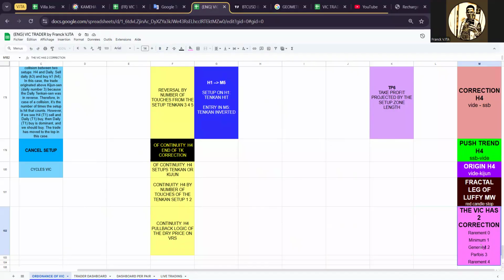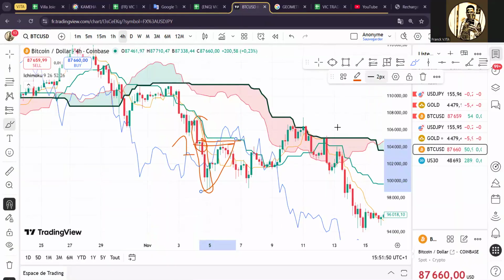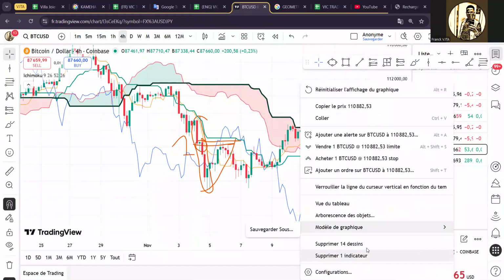Generally 2, sometimes 3, and rarely 4. We saw it in the previous video. Those are things that you already know. The Vjta Ishimoku has 2 corrections. 1, 2, 3, 4.